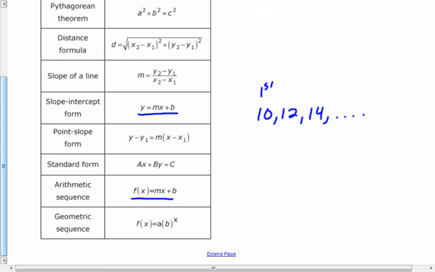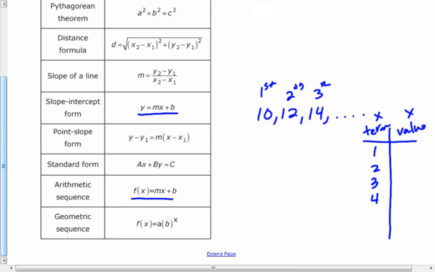10 is the first term, 12 is the second term, 14 is the third term, and so on. You could put the term number in a table like this, and then the value of the term here. Think of that as your x and your y. First term, second term, third term, fourth term, fifth term, and you would have these numbers.